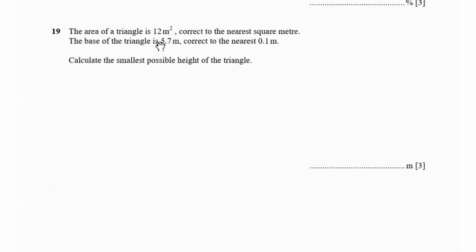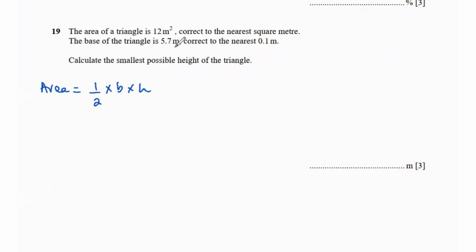Then the area of the rectangle is 12 meters squared, correct to the nearest square meter. The base of the triangle is 5.7 meters, correct to the nearest 0.1 meters. Calculate the smallest possible height of the triangle. So area has the formula of 1 over 2 times base times height.